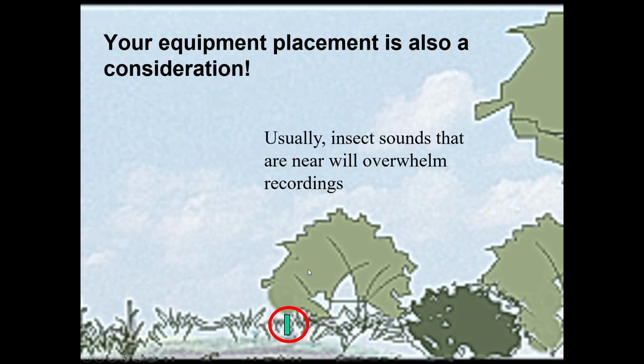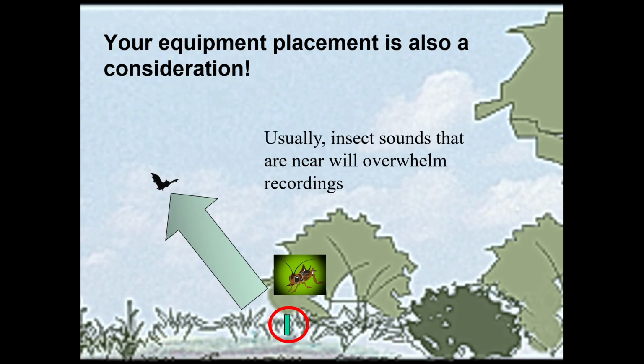However, in some cases, depending on where you place them, if it's in dense vegetation or a shrub, insect sounds in the near area will overwhelm and literally drown out the recordings. So it'll overwhelm your microphone, and mostly what you'll get is noise, and you may still pick up some fragments of bat calls, but this is going to pretty much kill you.